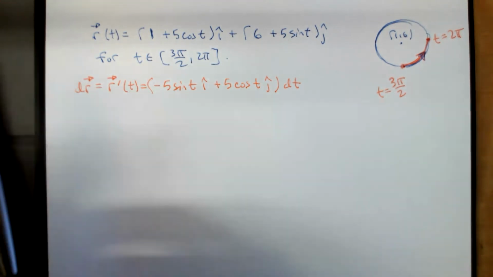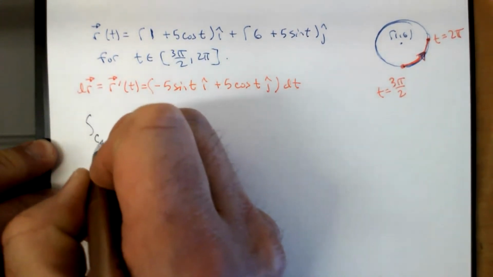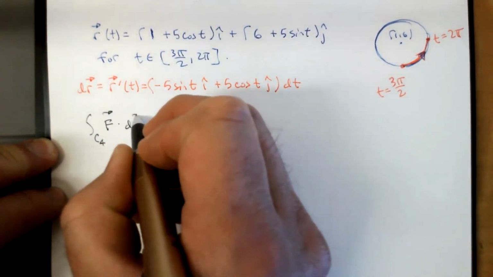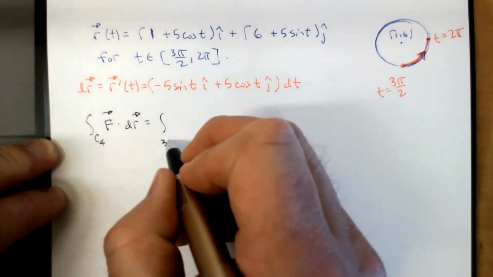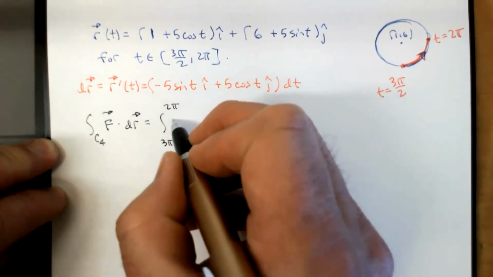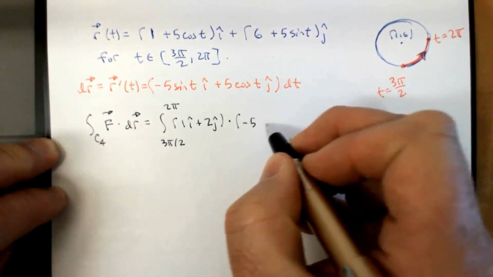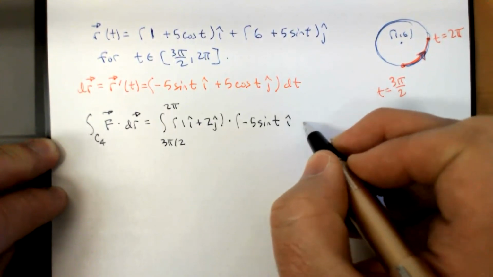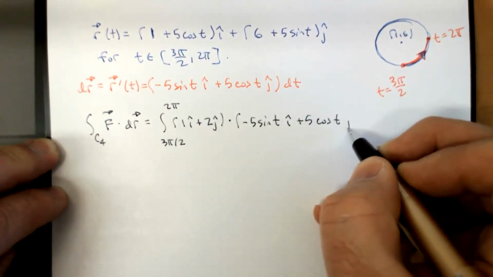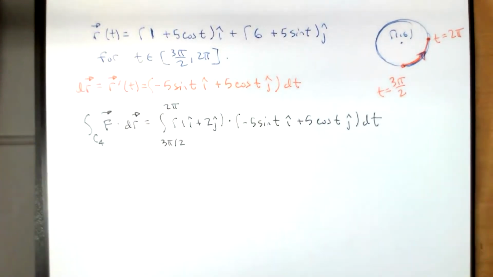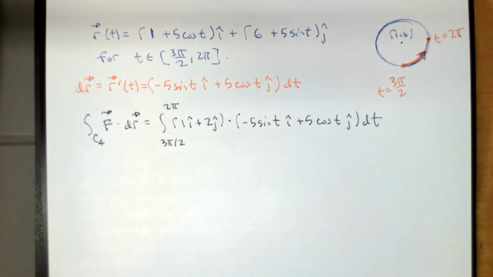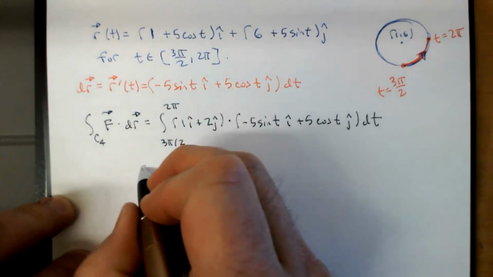So our line integral will be the vector field, which is constant, evaluated at the points on the curve C, dot the dr. So we're still integrating.